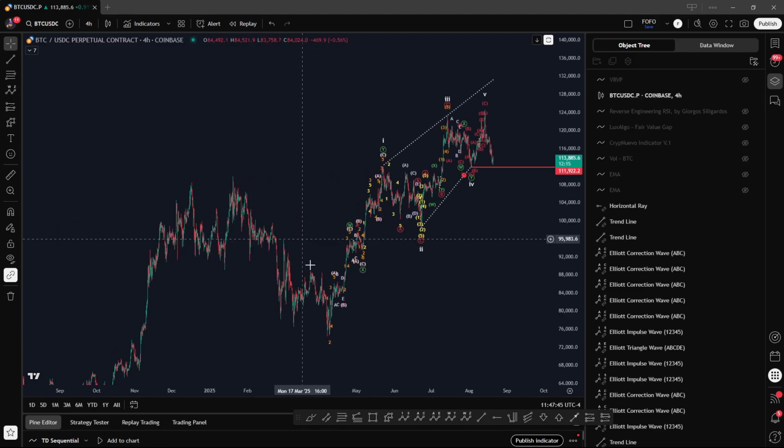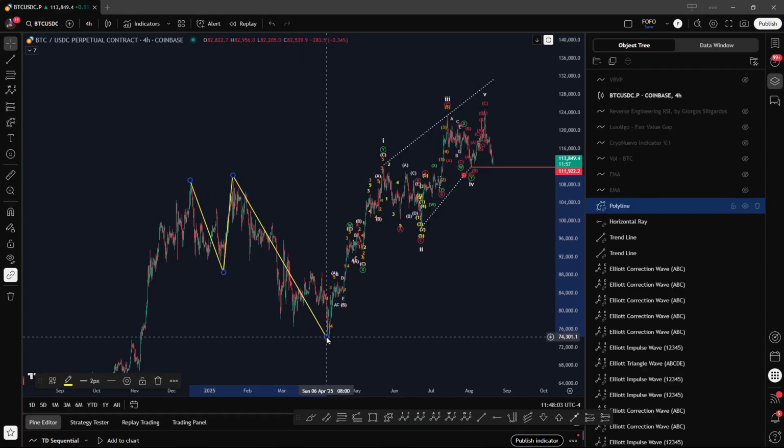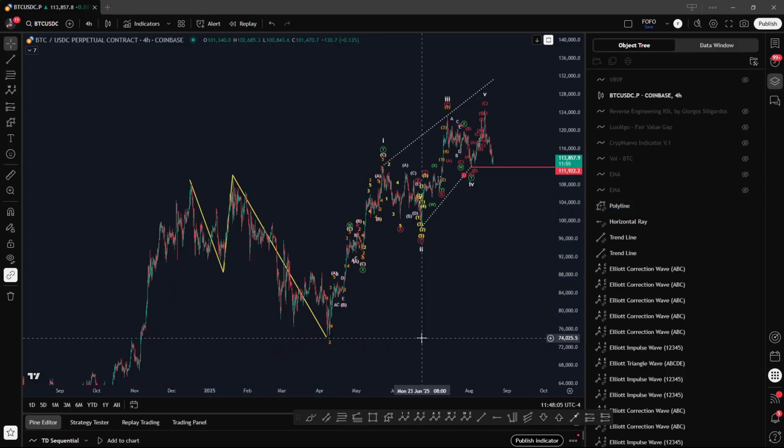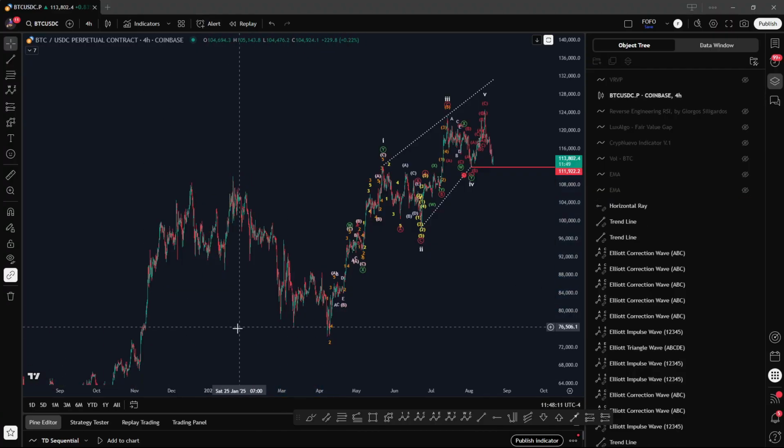Okay, so this was that fourth wave of larger degree, and as you can see here, this was labeled as an expanded flat. Excuse me. Right. This is a double zigzag. This is a zigzag, and this is a diagonal. Okay. 3, 3, 5 flat for the fourth wave.